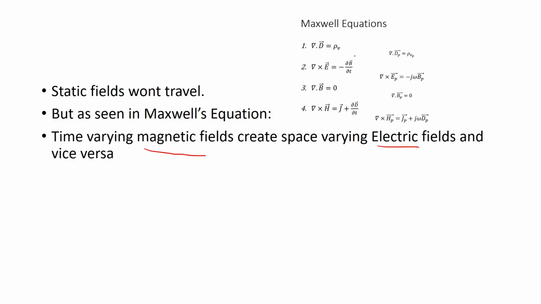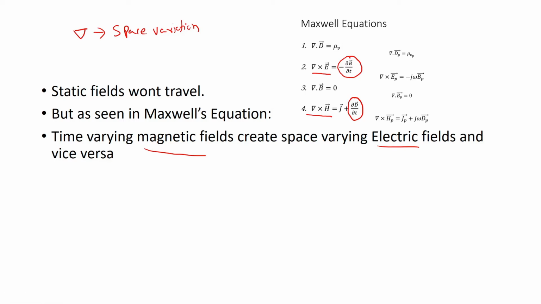That is, if a magnetic field is varying with time, it is resulting in a space varying electric field. The meaning of curl is its space variation. Time varying electric field is creating a space varying magnetic field.